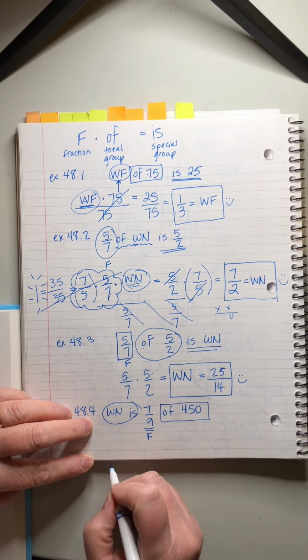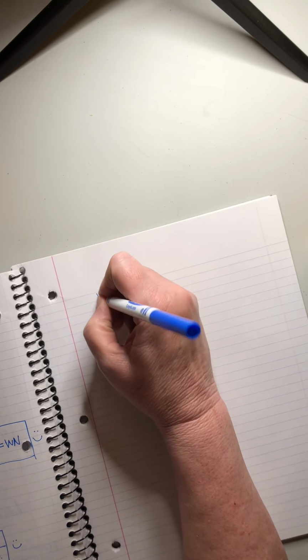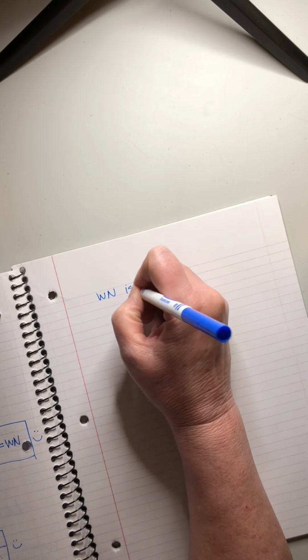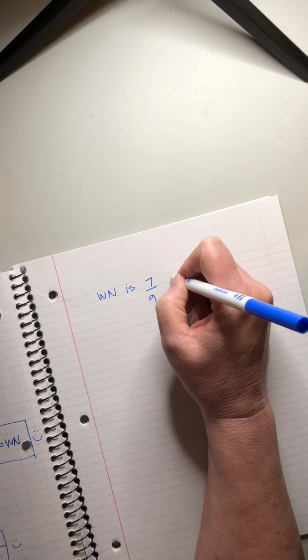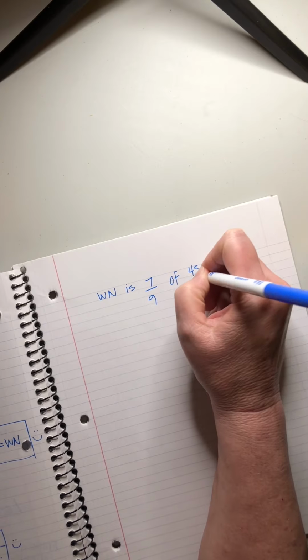Okay, so I better flip. I'll copy what I wrote. What number is 7/9 of 450?